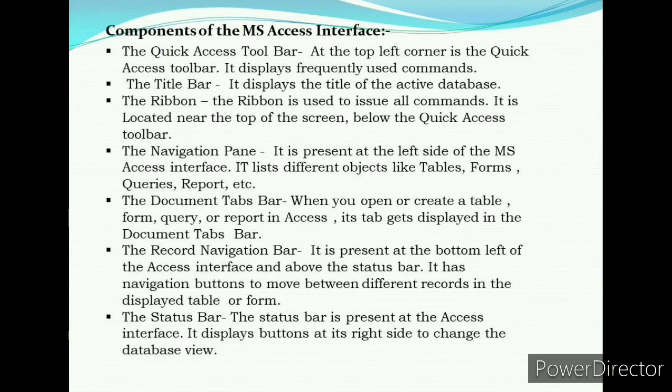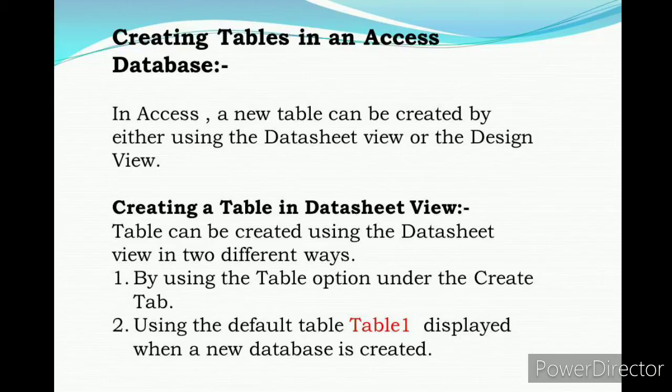The status bar, this is quite important. The status bar is present at the bottom of the SS interface. It displays buttons at its right side to change the database view, though we are going to understand more about the views later on.